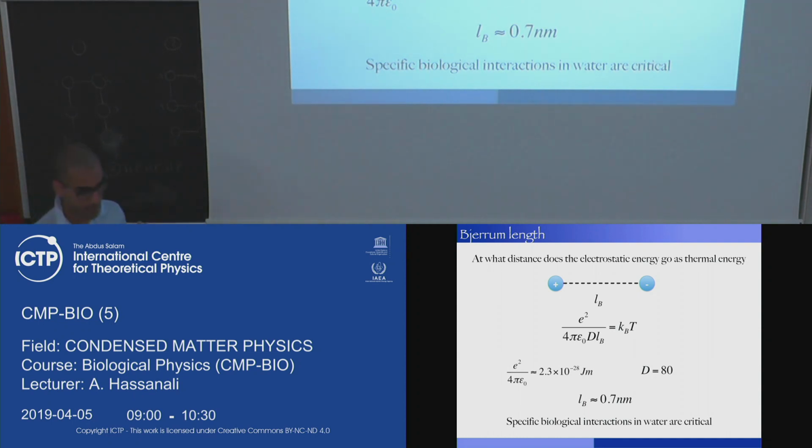So electrostatic energies in liquids, because of screening, of course depending on whether it's a dipole or liquid or not, will change the length scale and the energy scale associated with the interaction.